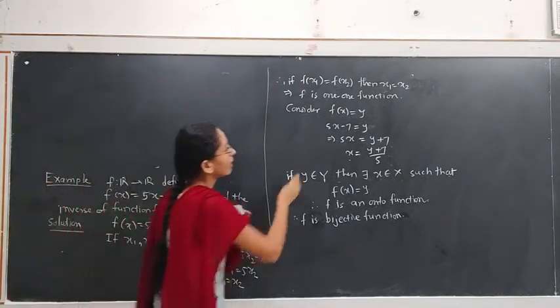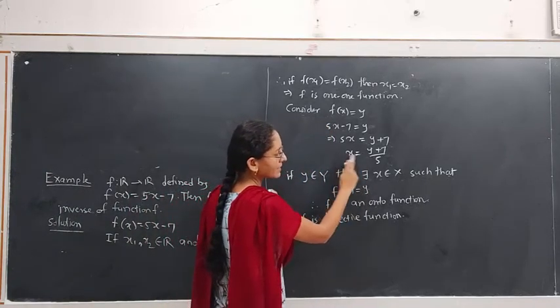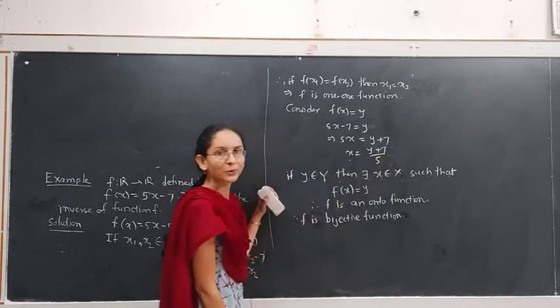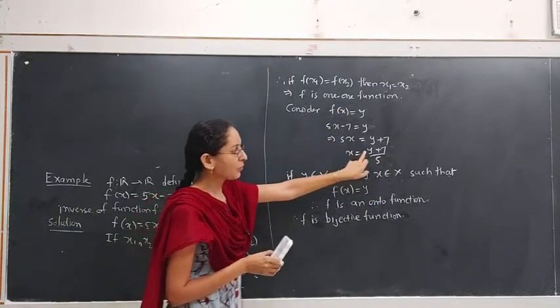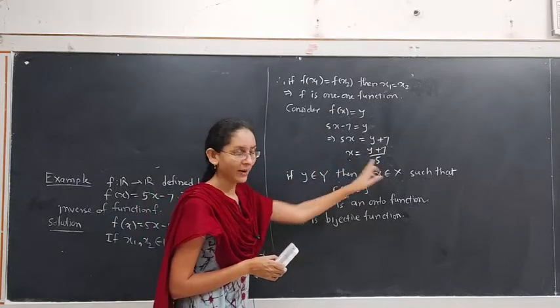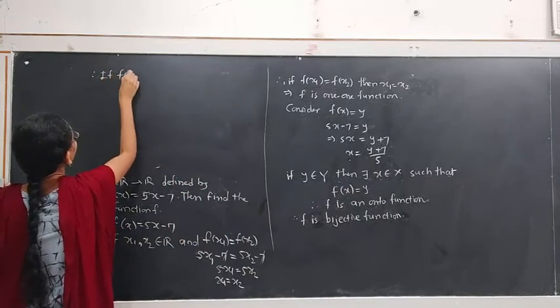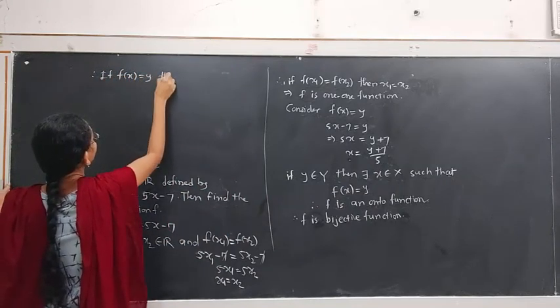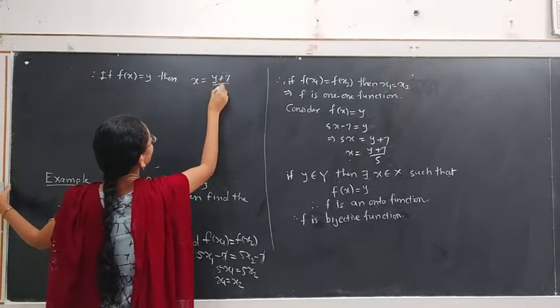We have f of x. If f of x is equal to y, then x is equal to y plus 7 upon 5.